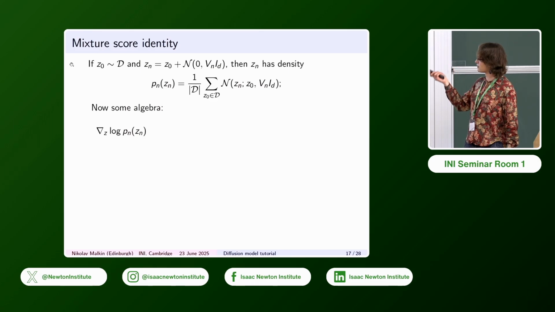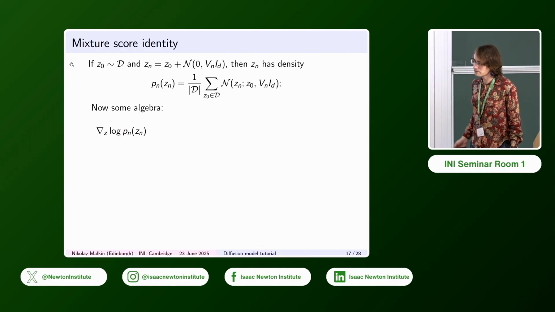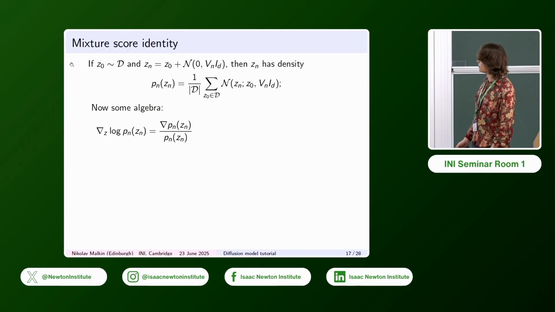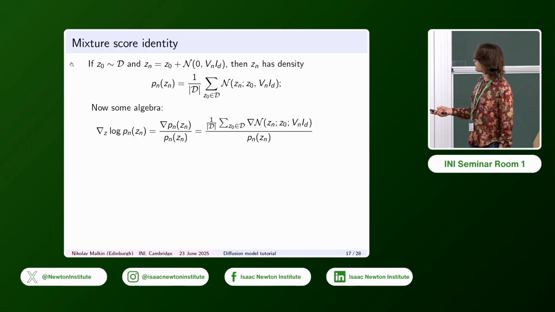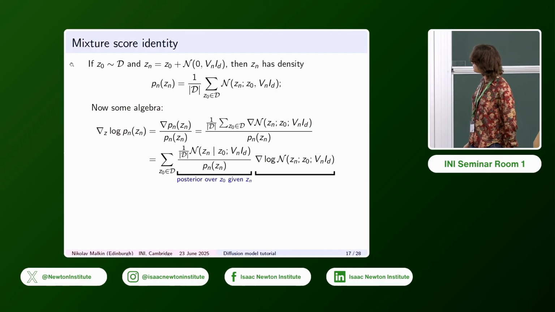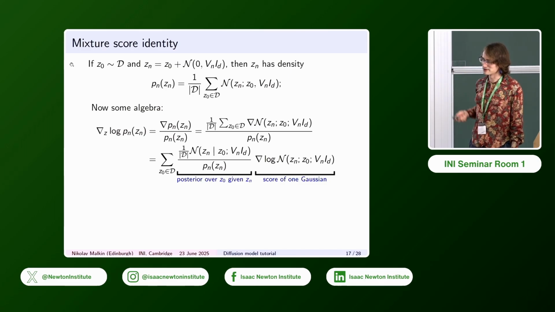So what's the gradient of the log likelihood of that thing? The Stein score, if you like, the gradient with respect to Z of the log density. Well, we do some algebra, so this gradient of log is written like this. And then here we have our magical identity. The score of the mixture is the weighted combination of scores of components weighted by the posterior that a given Zn came from Z0.